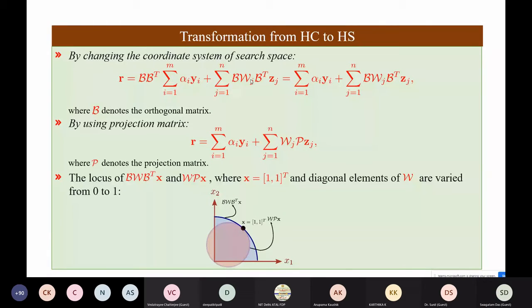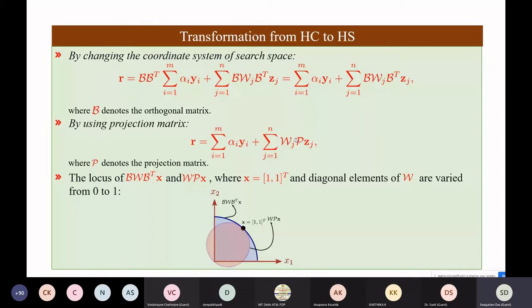But in hyperspherical search, you are also trying to perturb this vector in such a manner that it gets out of that same plane and can be in any plane. That perturbation comes through the projection matrix. So if we perturb the vector in that way, it can cover much more area around the single solution point which could be obtained originally. That's why we are trying to perturb, right?